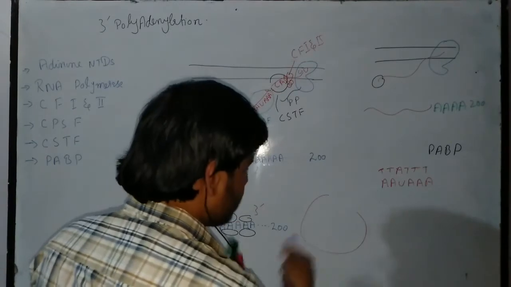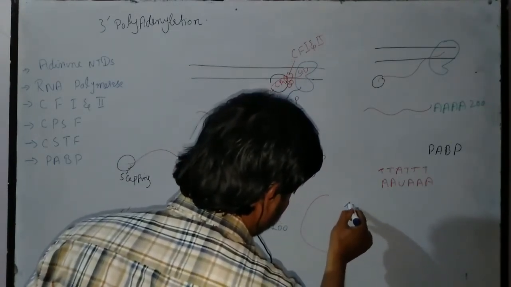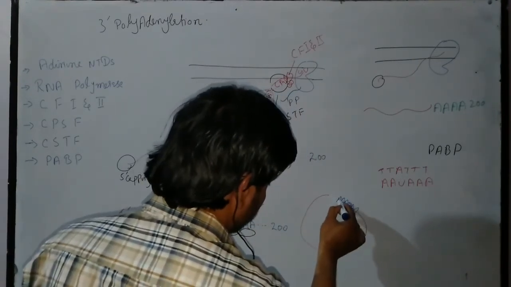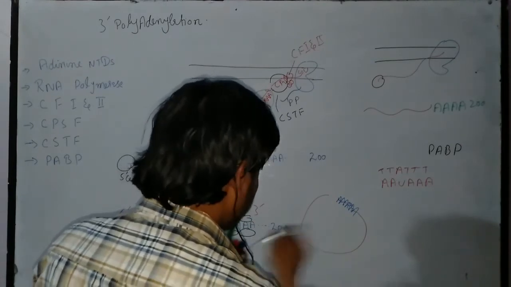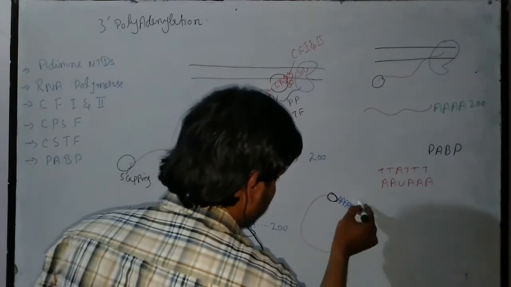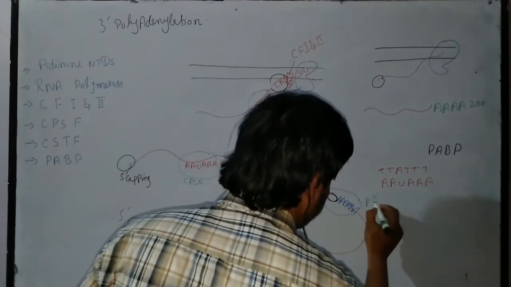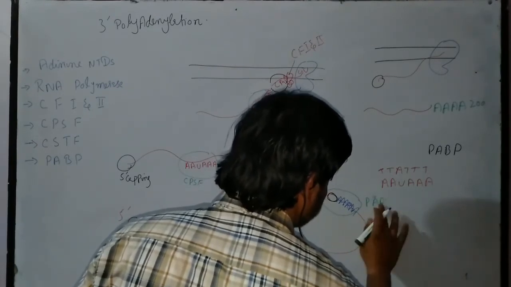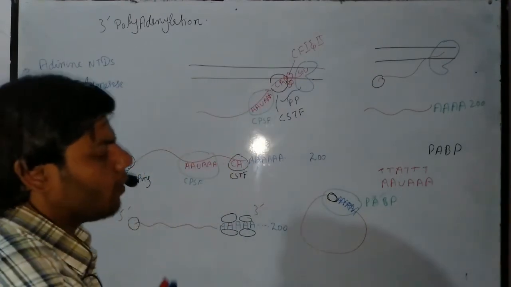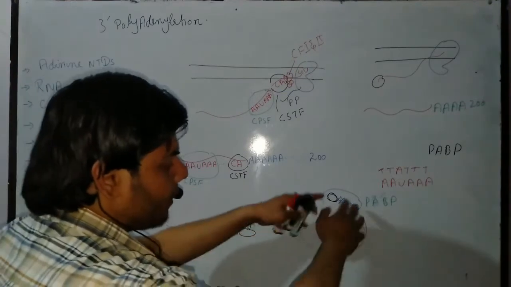Here is the adenine, as you can see, and this is the capping, and this is the PABP, or polyadenylate binding protein, bound here, and it will make the RNA structure like that.